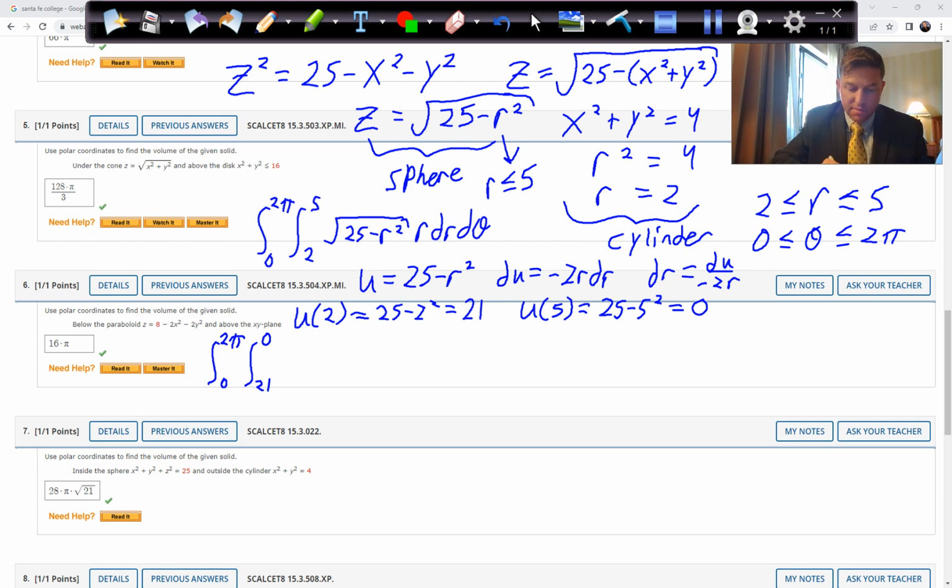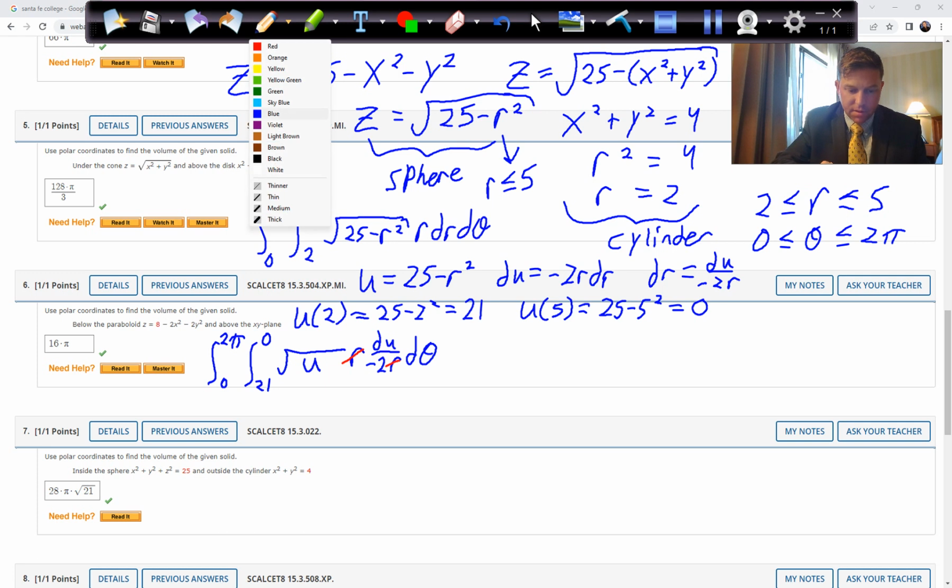And now we have the square root of not 25 minus r squared, it's the square root of u, and then it's r, and then dr is replaced with du over negative 2r, then d theta. And as I've said many times, if we've done this correctly, these r's should cancel, and they do. So this minus 1/2 I'm going to pull all the way out.